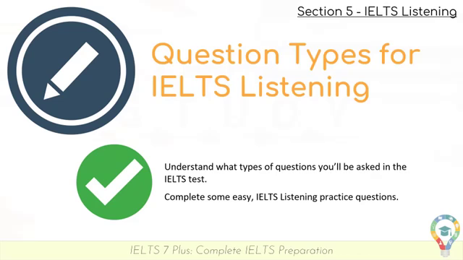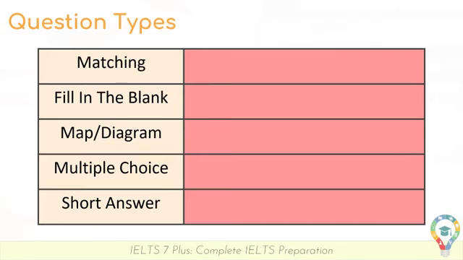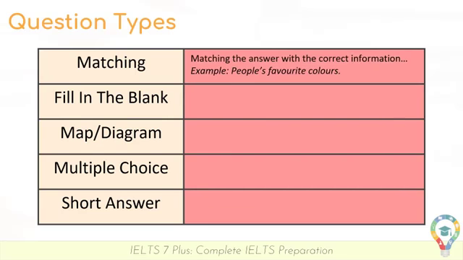So let's take a look at the different types of questions that you might get in the IELTS listening test. We have 5 different question types. There is a matching question, a fill-in-the-blank question, a map or diagram, multiple choice, and a short answer question. Let's take a look at matching first.